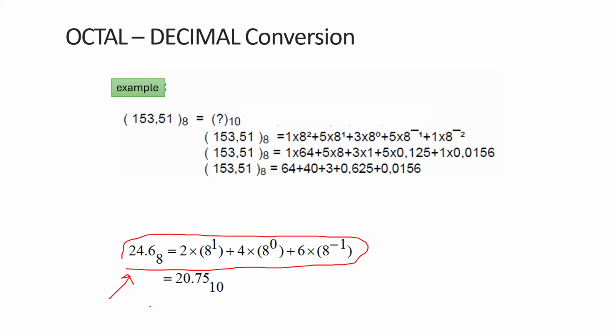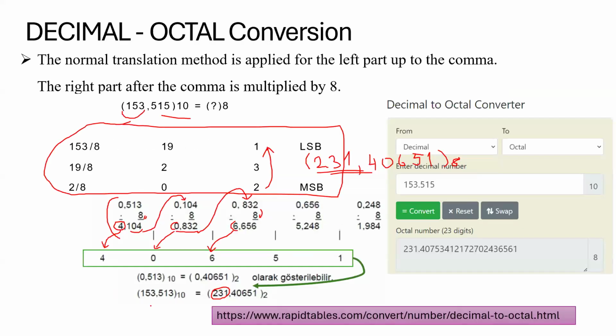Okay, so for all of these conversions to base 10, you should use this approach. But if you are converting your decimal number to any other base, you should use this approach. Okay, and if it is a floating number, if you have some fractions, you should carry out the left side and right side separately. Left side must be divided by 8 or 16 or 2 again and again.